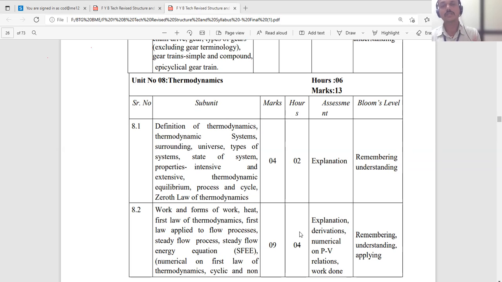In the above chapters, you can see how a pump works, and how a belt transfers power from one shaft to another shaft. But this chapter is very interesting, and reading is not sufficient.